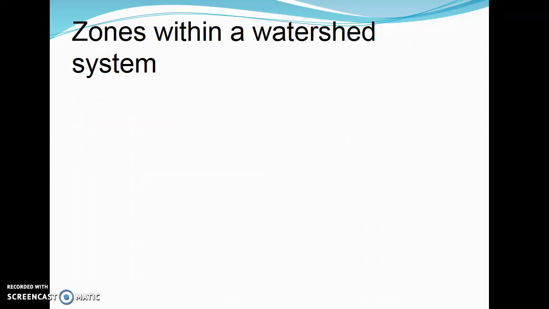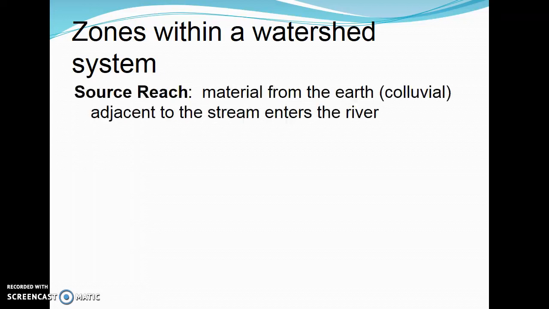Okay, so let's look at some zones within a watershed system. Just so you're familiar with this terminology, you have your source reach. That is where the material, the sediment, is coming from. And so usually that's adjacent to a stream or at the headwaters of this stream, but it's where the sediment is getting picked up. And when sediment is coming from the land, we call it colluvial material.